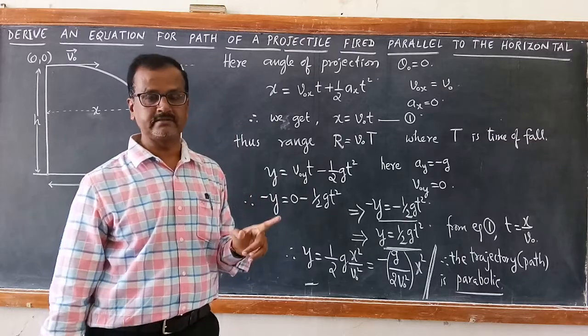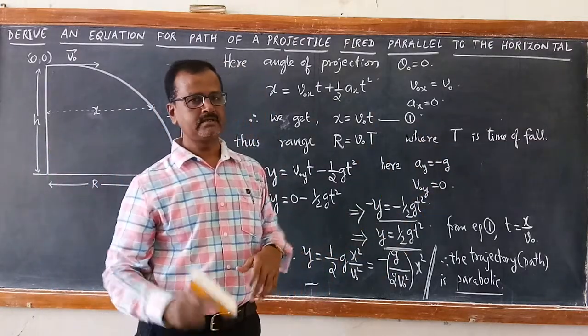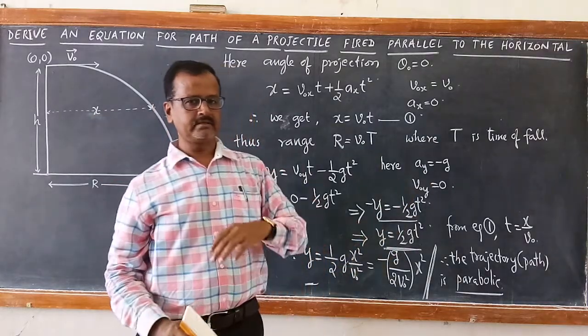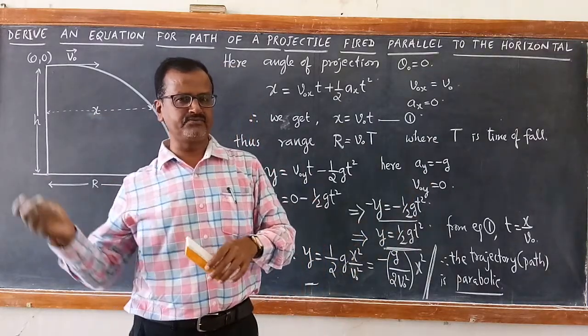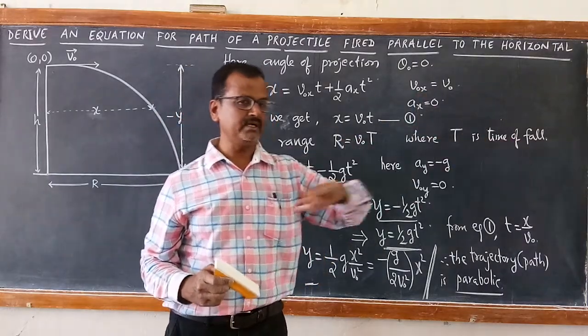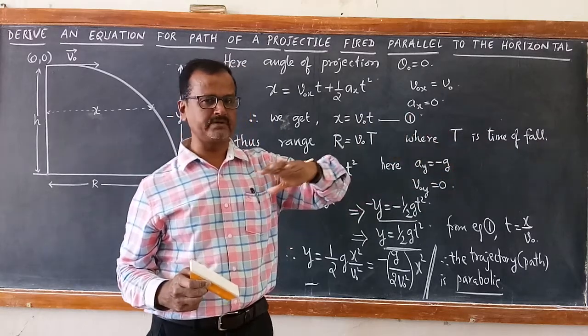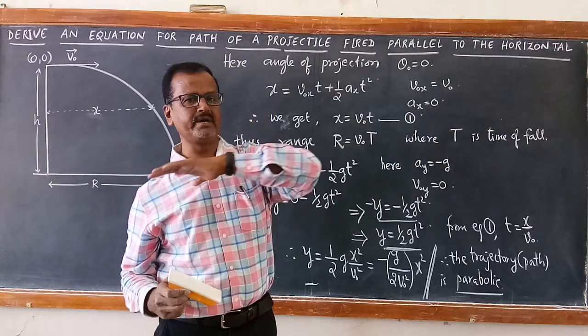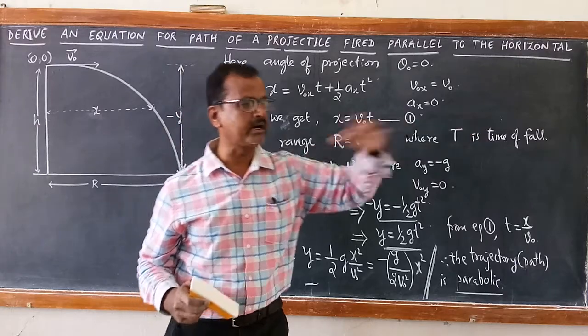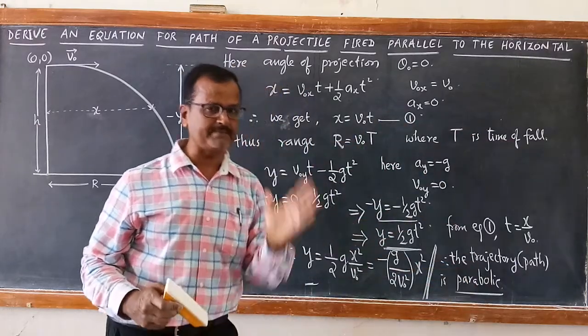That is the interesting thing. If an object is thrown with 2 meter per second, and another object is thrown with 4 meter per second, of course their ranges will be different. The 2 meter per second object will cover a smaller range, the 4 meter per second object will cover a longer range, but the time taken to fall through the same depth is the same.